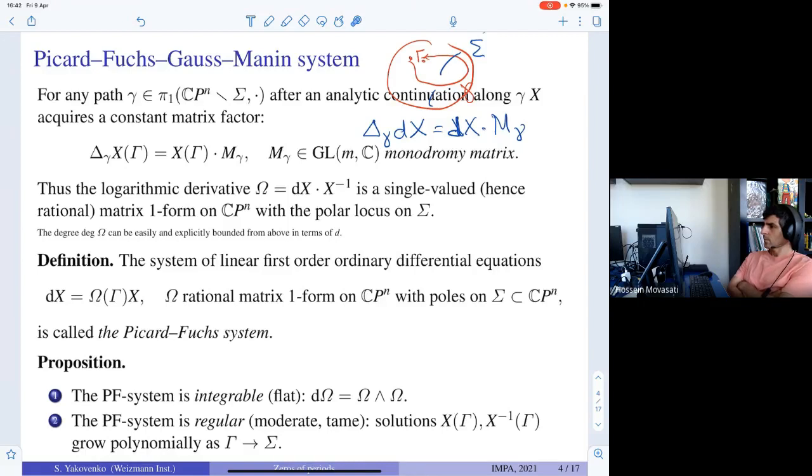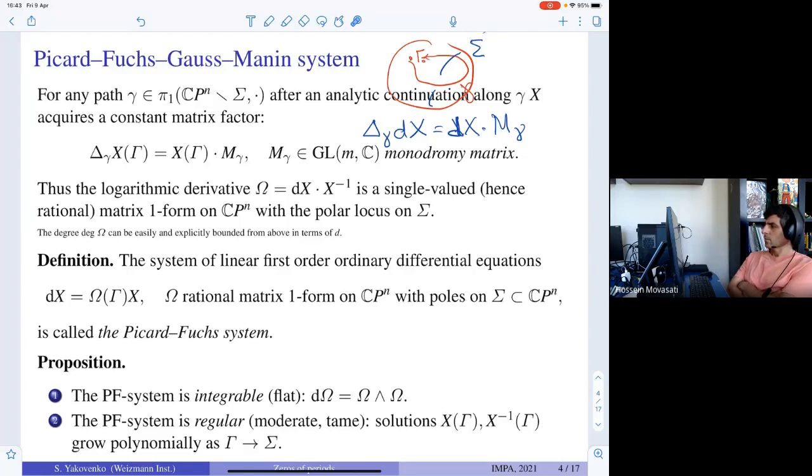And since the period matrix can grow at most moderately, that is polynomially, when we approach the singular divisor, it will have at most a pole on the singular locus sigma. So we have a rational matrix function, and its degree can be easily computed from all the data that we have.